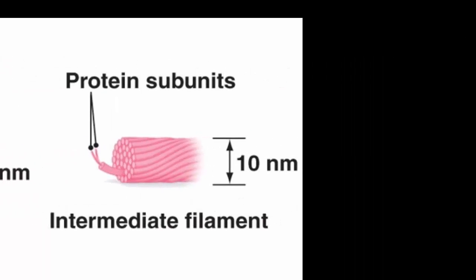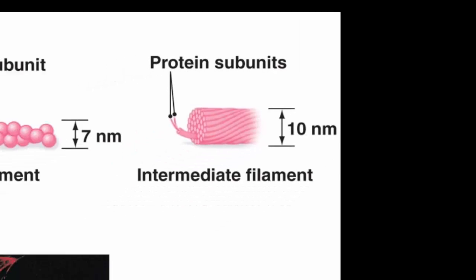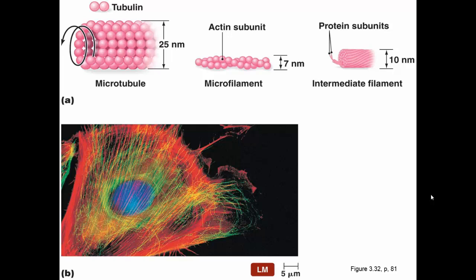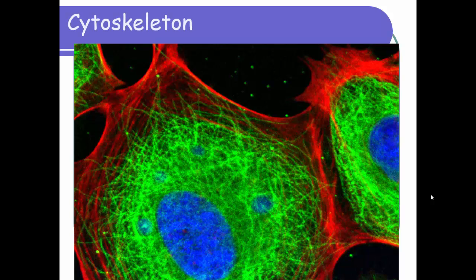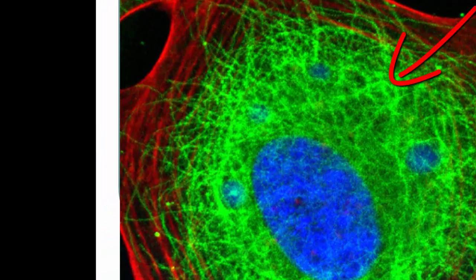And an intermediate filament made up of a protein not yet named that's about 10 nanometers in diameter. All of these form an internal skeletal structure of the cell. This picture under fluorescent microscopy shows in the green all of the different fibers making up the cytoskeleton.